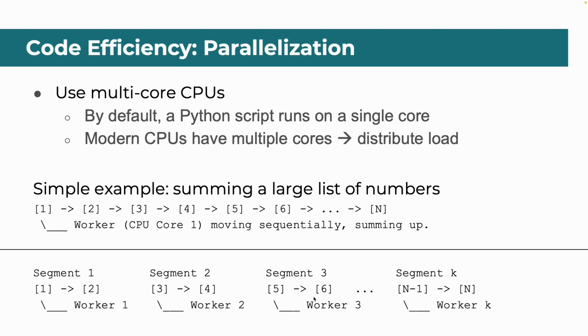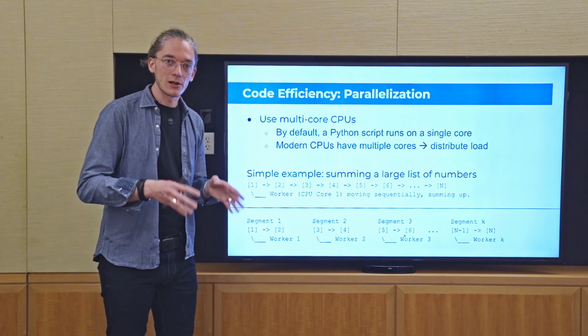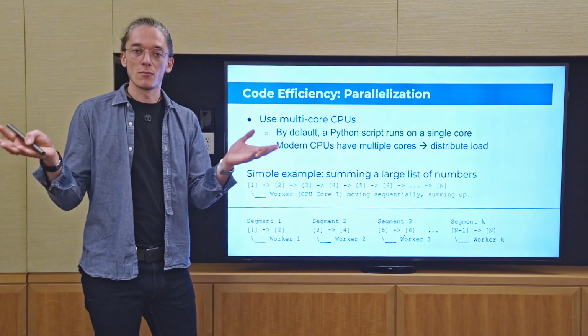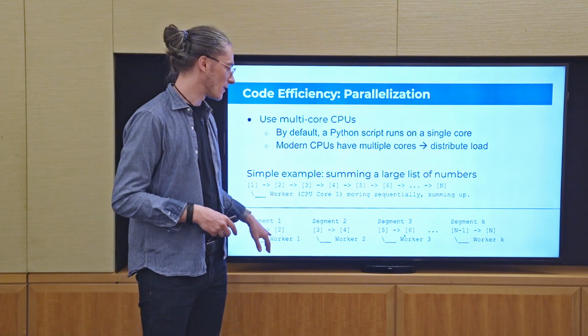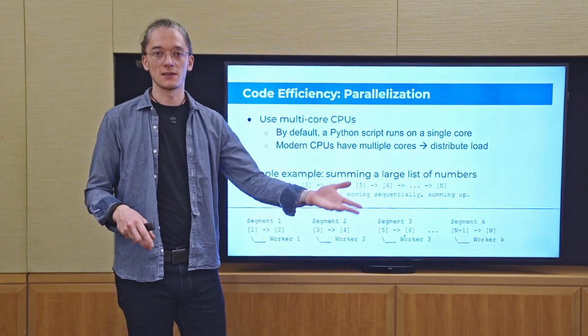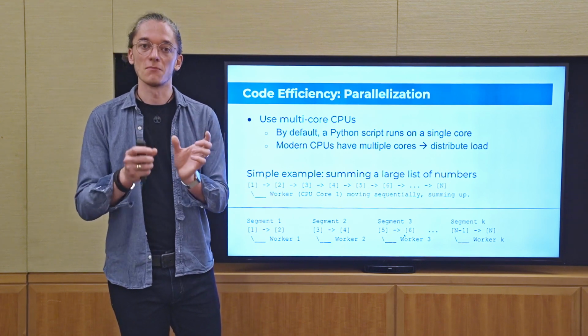In a parallel implementation, we would split the entire data set and distribute chunks of it to different workers or processes, and the operating system will take care of distributing that to different CPU cores, to then, in each worker and each core in parallel, simultaneously add all these numbers together. In the final step, when we merge all these results together, we can just add the results of worker 1, worker 2, worker 3, and so on in a very simple and efficient way, because only a very small number of additions is needed to combine all these intermediate results.